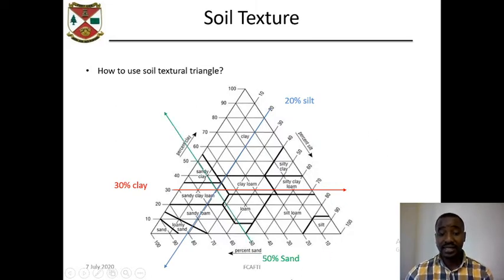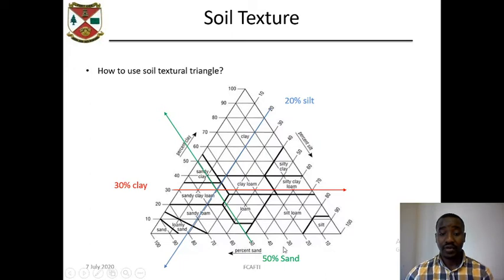Now again, their soil has 50% sand. At the bottom, the soil textural triangle shows the percentage sand. This 10 indicates 10% sand, 20% sand, 30% sand, 40% sand, and 50% sand.